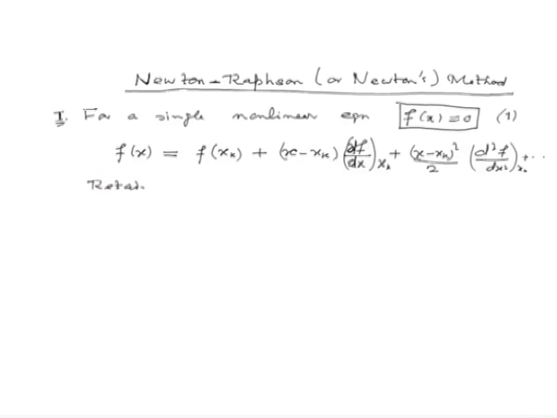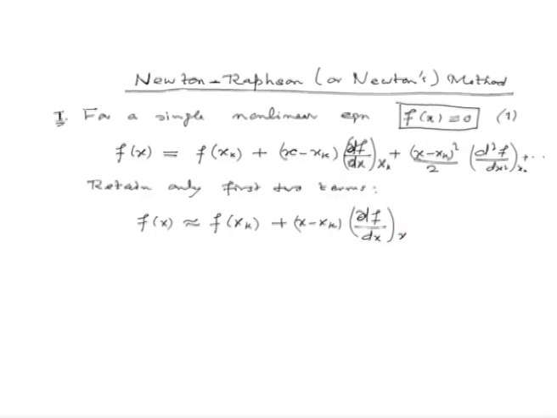So, retain only the first two terms and then what we will get, f of x can be approximated as f of xk plus (x minus xk) times df by dx at xk.